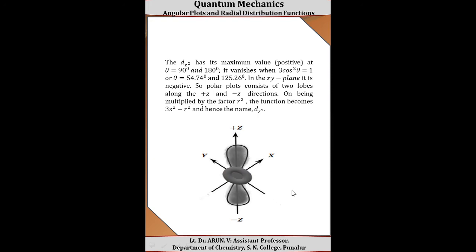Here in the xy plane it is negative. So the polar plot consists of two lobes along the plus z and minus z directions. Here the function is multiplied by the factor r square, then the function becomes 3z square minus r square. Because of this, it gets the name dz square.